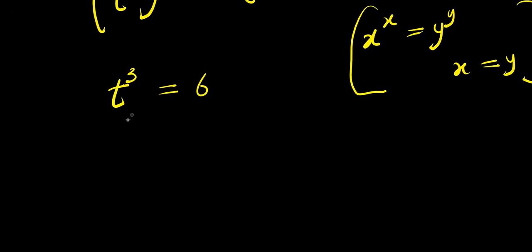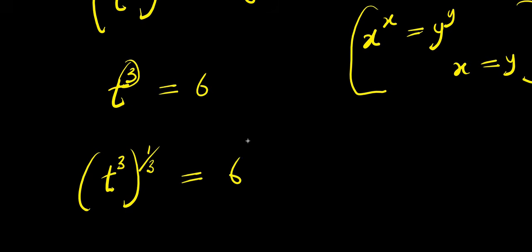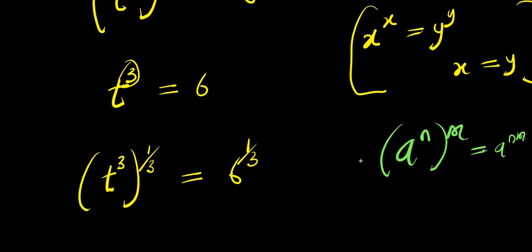From here, we can isolate t and solve for t. I need to eliminate this 3 here. I have t to the power of 3 raised to the power of 1 over 3. And this equals 6 raised to the power of 1 over 3. And if you consider this identity again, a power n raised to the power of m equals a power n times m.